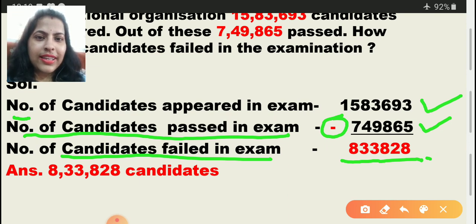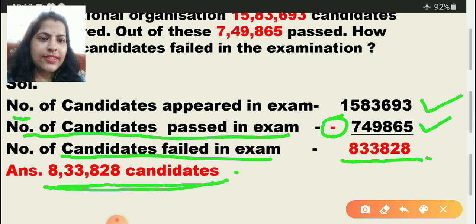Okay, now the final answer will be written like this, by putting commas in the periods: 8,33,828 candidates. See, don't forget to write candidates here, because the question is asking about the number of candidates. I hope it's very easy and simple for you.